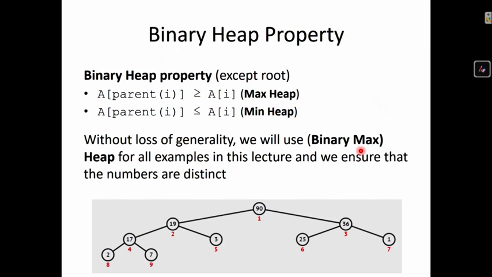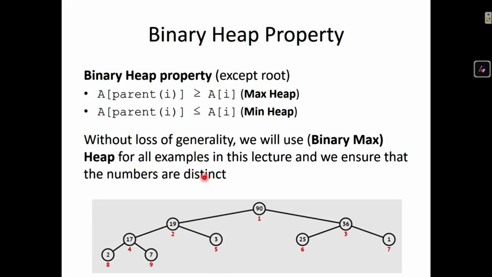For a max heap, the value of the parent of any node must be bigger than the value of the node. If it's a min heap, then the value of the parent of any node must be smaller than or equal to the value of that node. So: max heap property, min heap property.